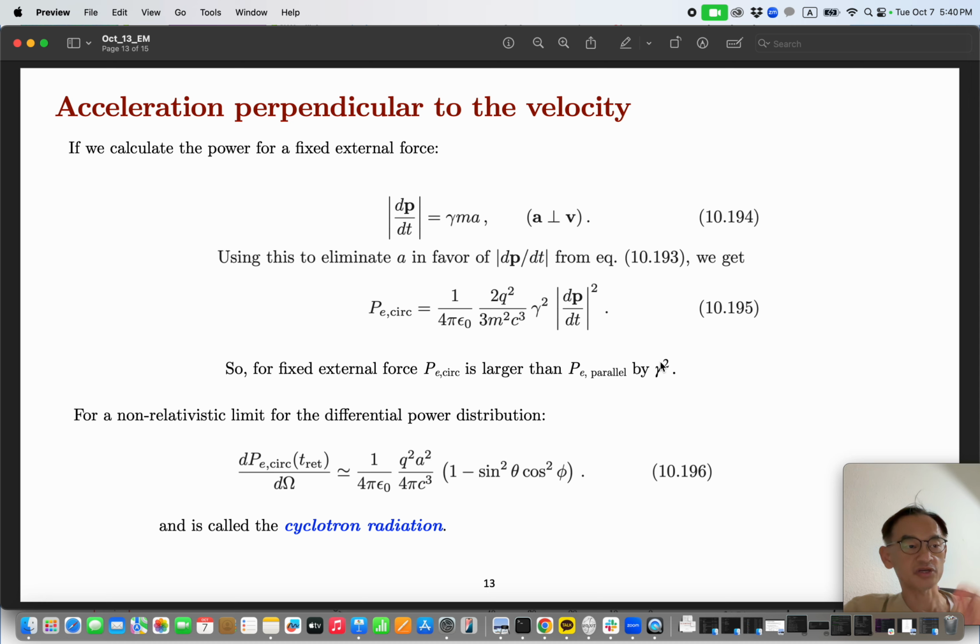So in a sense, if a charged particle moves in circular motion, it loses more energy by radiation. Okay?